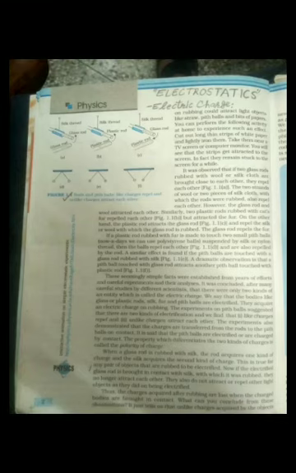As you can see, when a charged glass rod is brought near another charged glass rod, repulsion is there. A similar effect is seen when a charged plastic rod is brought near another charged plastic rod. But when a charged plastic rod is brought near a charged glass rod, then attraction is noticed.